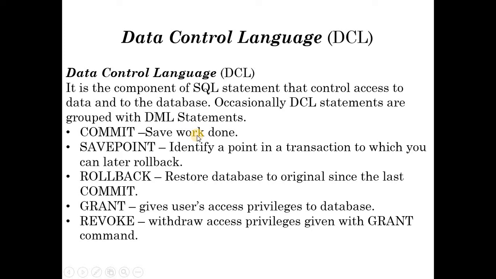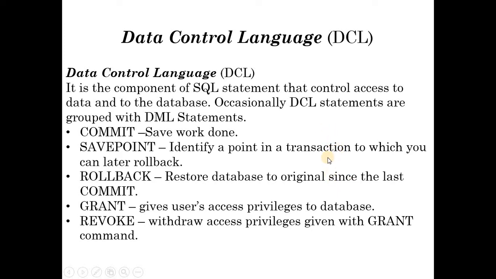Savepoint. The savepoint is another point in the transactions to which you want to roll back later, right? Assume you have 20 different statements. You can give a savepoint at the 5th transaction or 10th transaction.